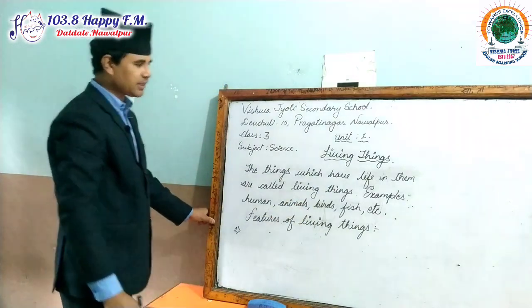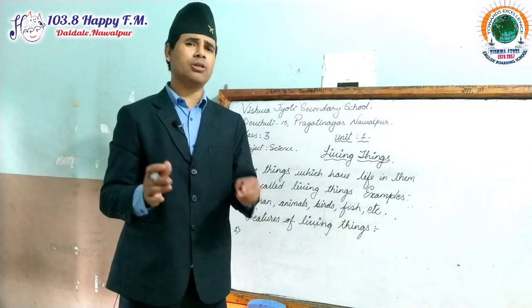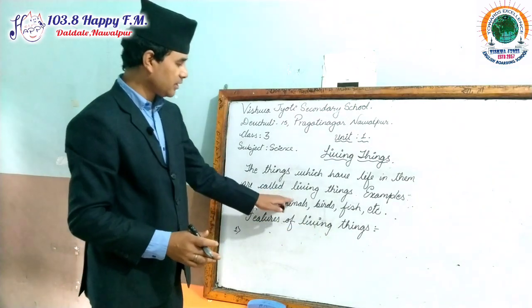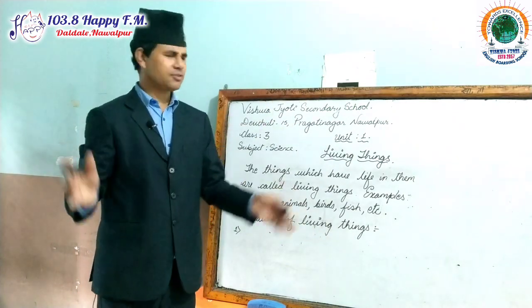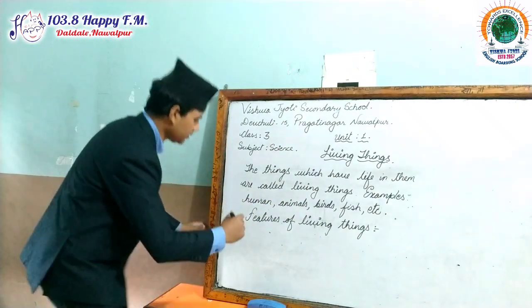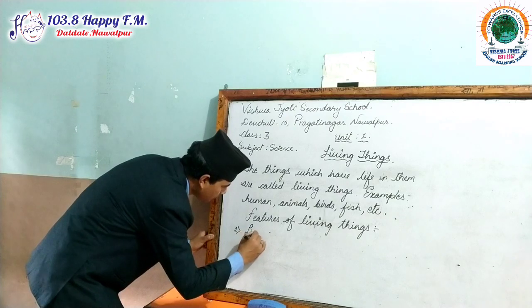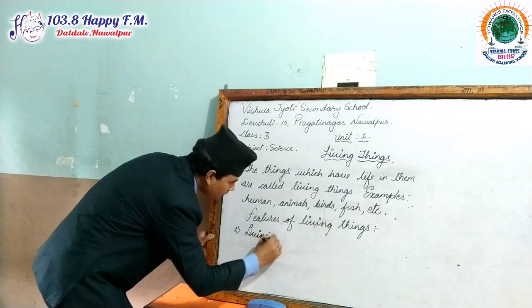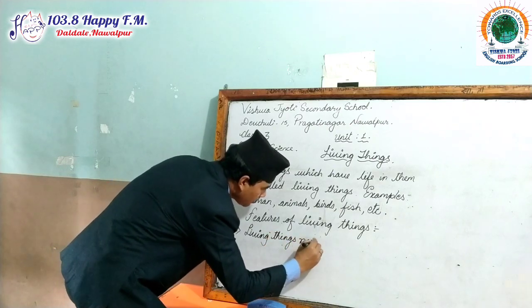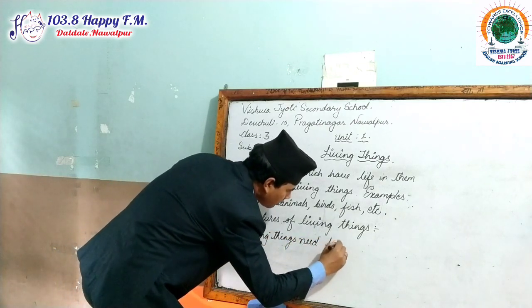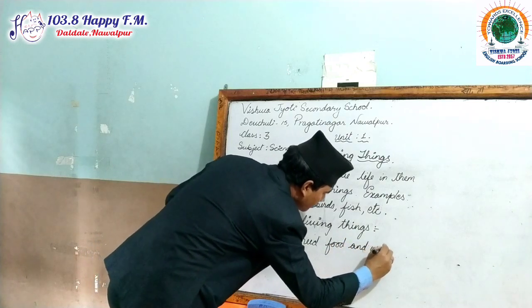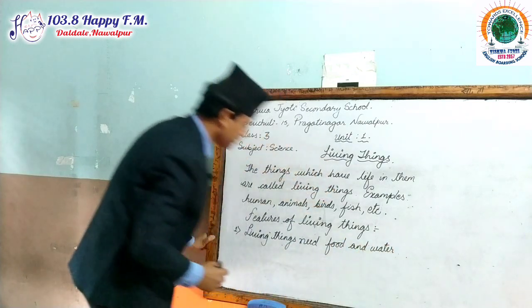Now basically if you think very nicely, then you know the answers about the features of living things. Why? Because living things need different types of things from the environment. One of the most important things is food and water. Living things need food and water.